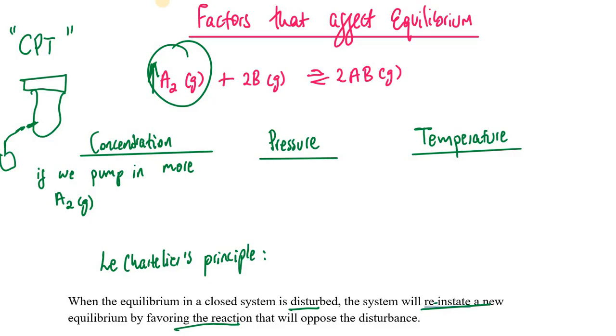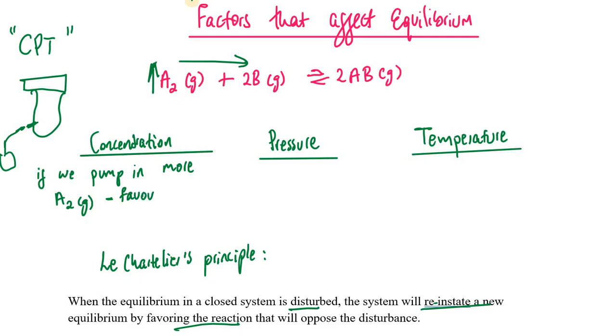So it's going to oppose that by favoring a reaction that will use up more A2. Which reaction uses more A2? Is it the forward reaction or the reverse? Yes, it's the forward reaction. So if we pump in more A2, and they say use Le Chatelier's principle, you say according to Le Chatelier's principle, the system will reinstate a new equilibrium by favoring the forward reaction.